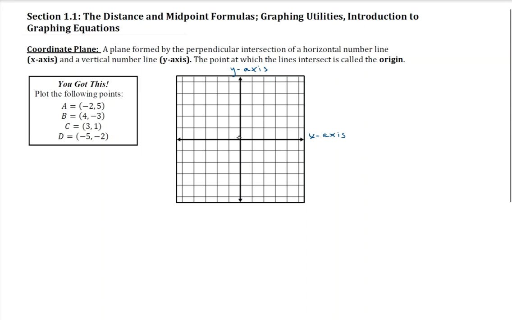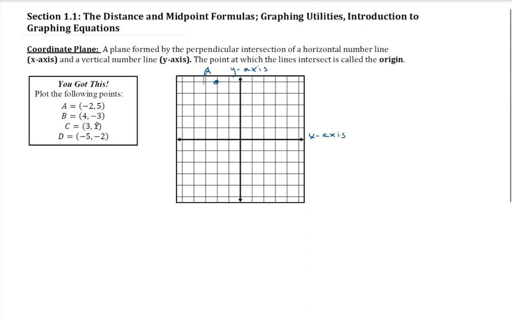Anytime we're going to plot a new point, we'll start at the origin, and we'll first use the first coordinate of the ordered pair, which is, in this case, -2. So we'll start at the origin, we'll go left 2, and before we put ink to paper, so to speak, we'll have to use the y-coordinate, which is 5, which tells us to move up by 5 units to finally reach the location of the point A. So left 2 and then up 5. 1, 2, 3, 4, 5. And that right there is the point A.